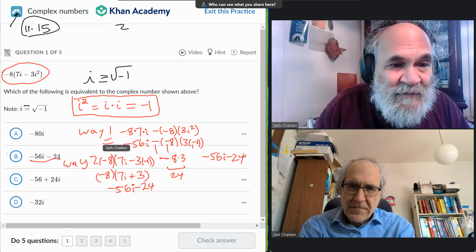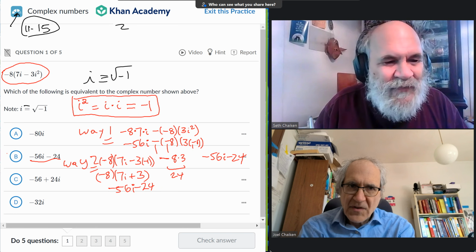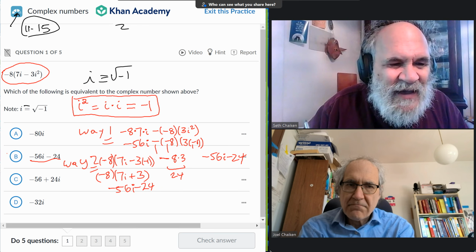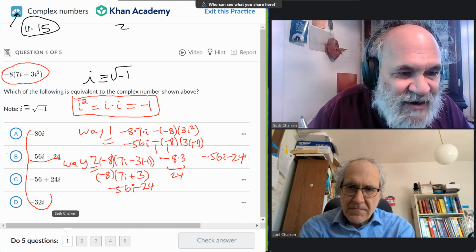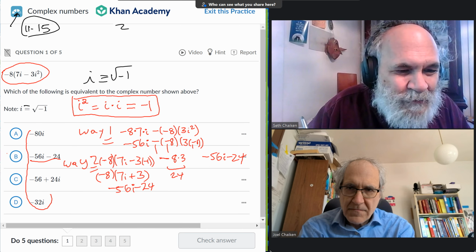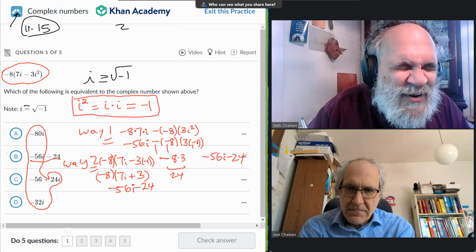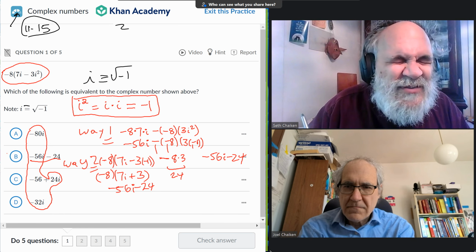And now here's way 3. We look at the 4 choices and observe that the imaginary terms for the 4 choices are all different.